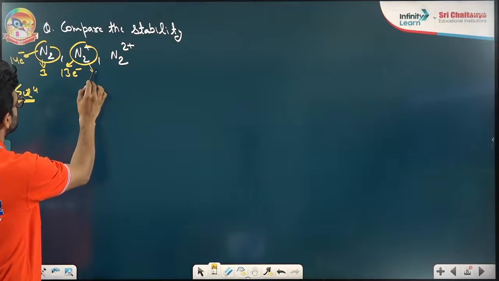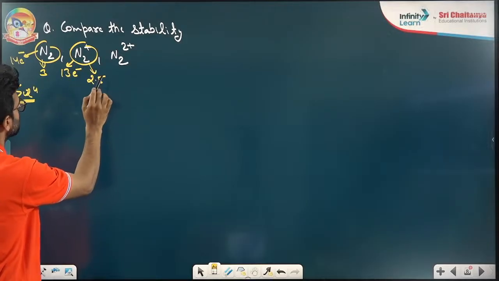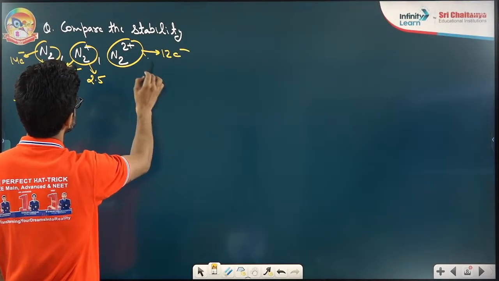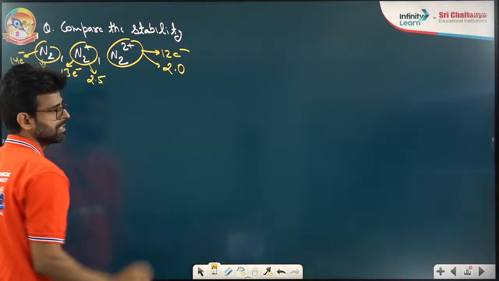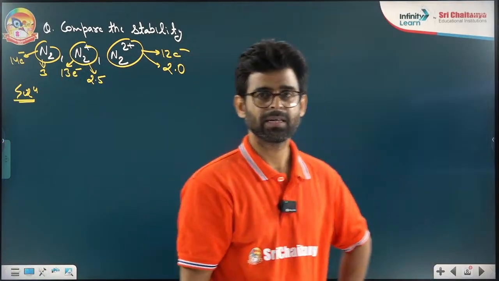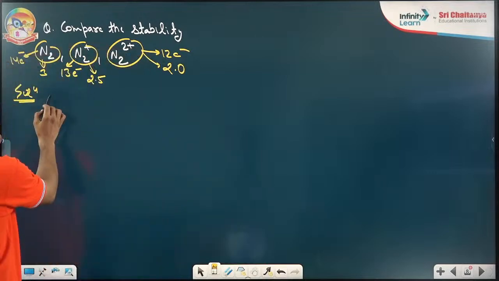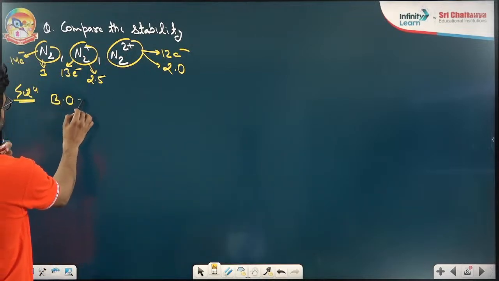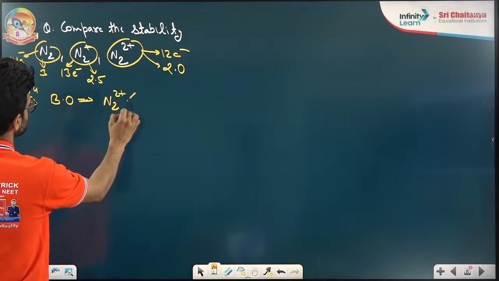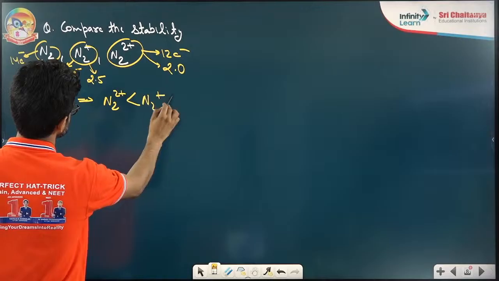So bond order how much? 2.5, right? N2 2 plus has 12 electrons. So the bond order should be how much? 2.0. Here bond order must be 2.0. Fine, beta? Clear? So very easy. The bond order sequence is very clear: it is N2 2 plus, then N2 plus, and then N2.